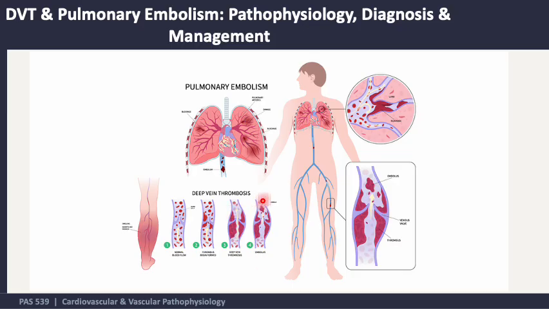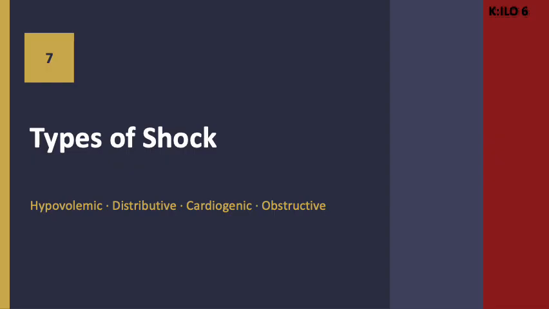The embolus or emboli will break off, travel up through the inferior vena cava, and then pieces of it will get lodged in the lungs. And that concludes PEs, DVTs.